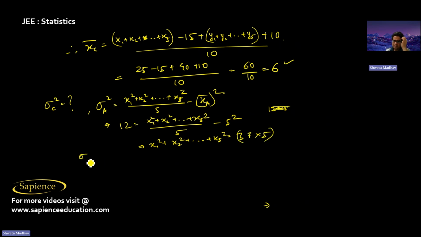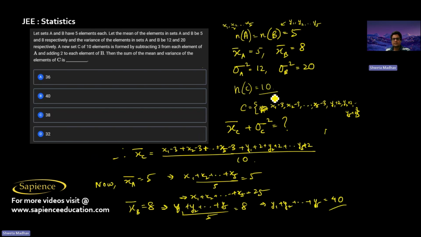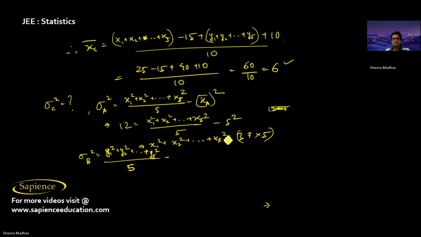And similarly, sigma B squared, the variance in the elements of B, is (y1 squared + y2 squared + ... + y5 squared) divided by 5 minus y-bar squared, that is 8 squared.